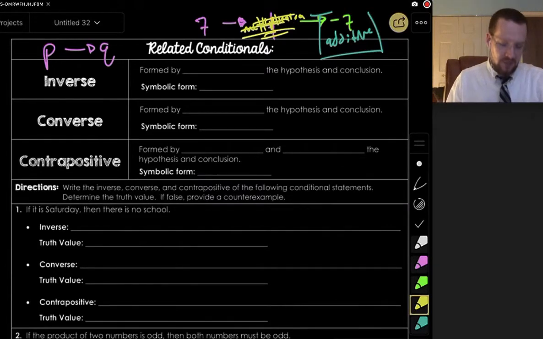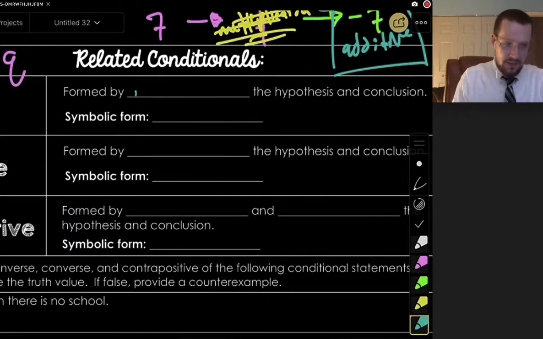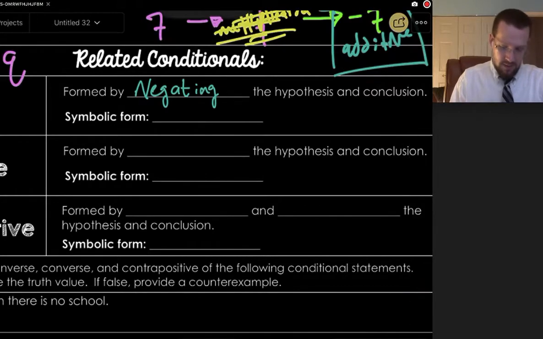Okay, so the inverse is formed by negating the hypothesis and the conclusion.